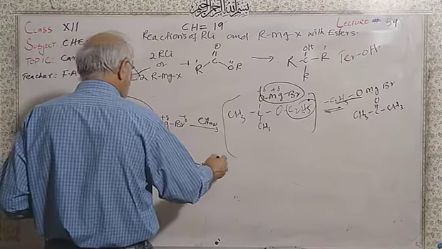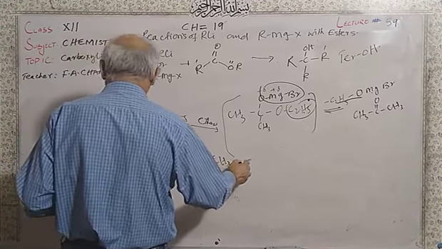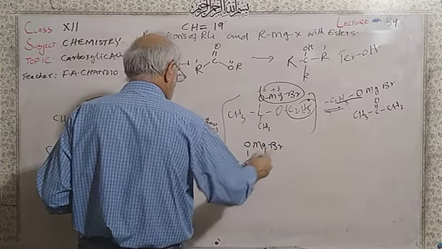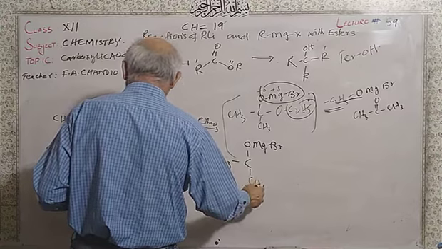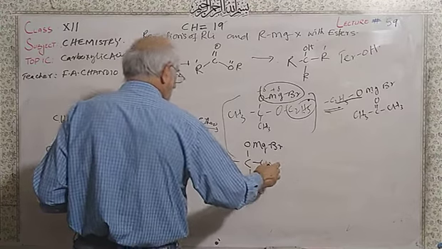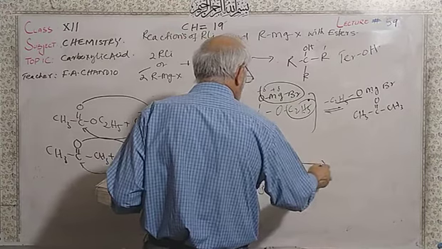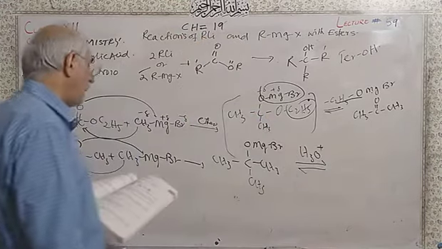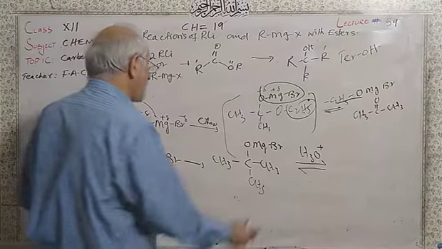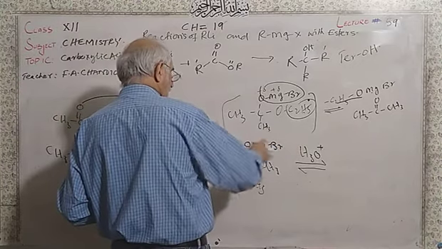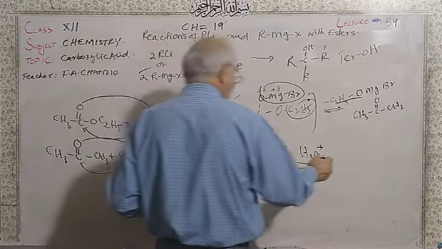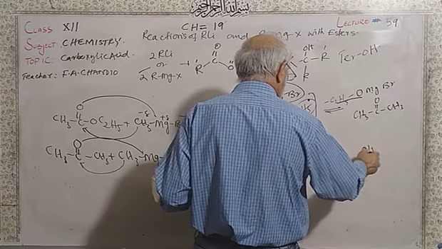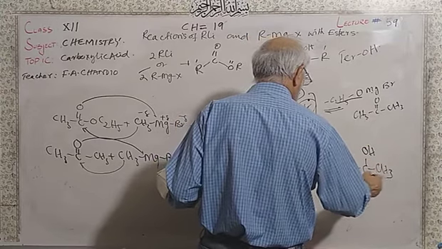So CH3 and O magnesium bromide, CH3 and CH3. This is an intermediate complex. By acid hydrolysis, this hydrogen is provided to attach with oxygen to make a tertiary alcohol. This is the final product.